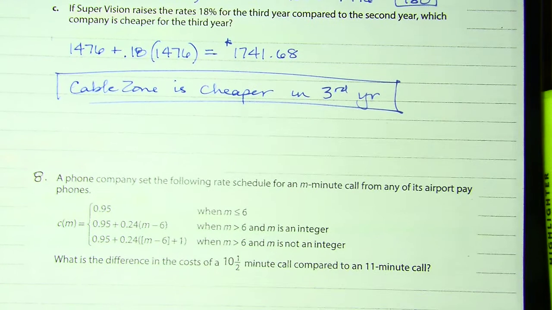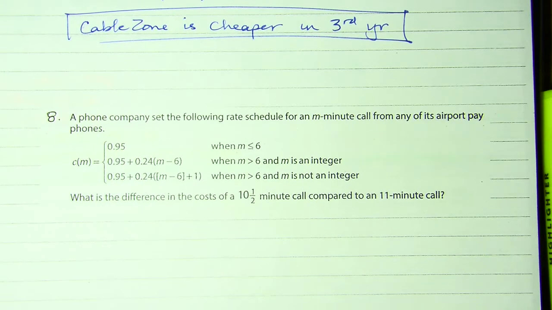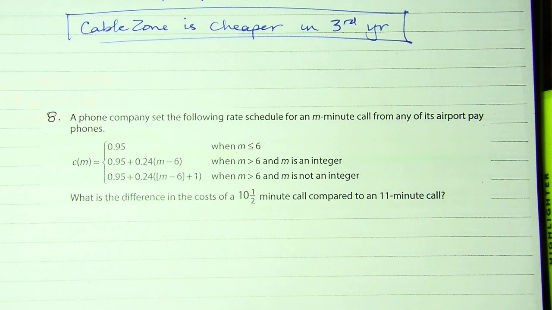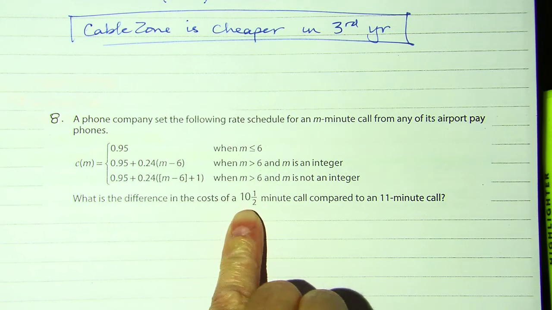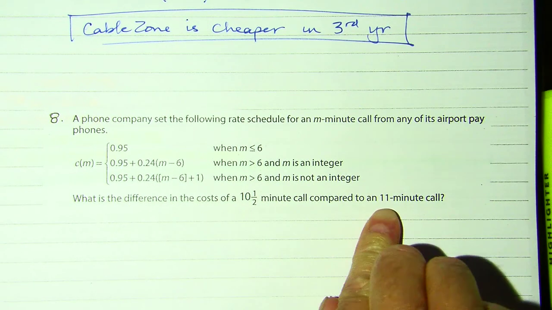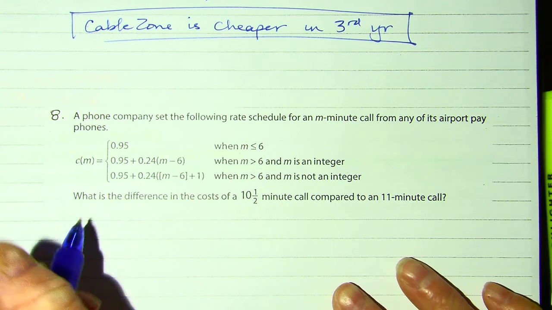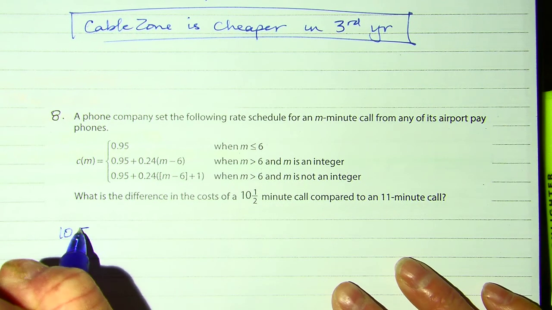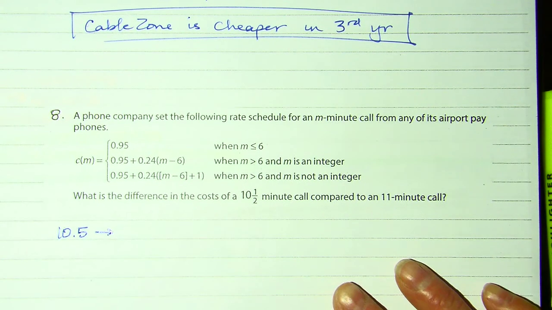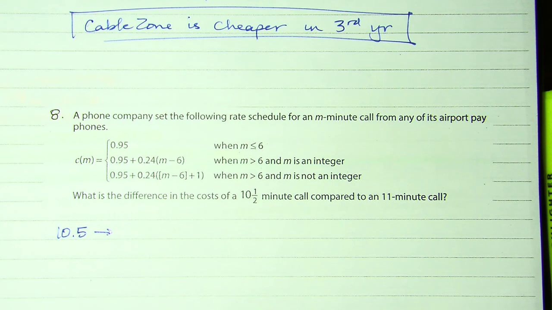Next, a phone company set the following rate schedule for a call from any of its airport phones. So what is the difference of a 10.5-minute call compared to an 11-minute call? So let's start with the 10.5-minute call. 10.5 is not an integer.